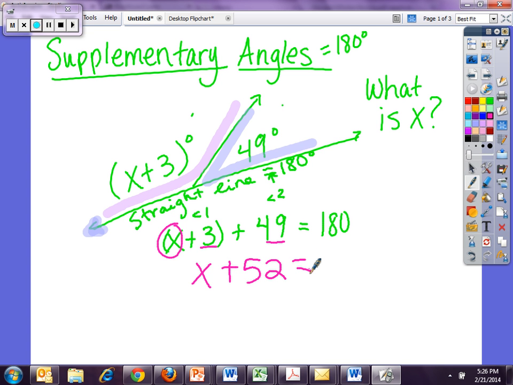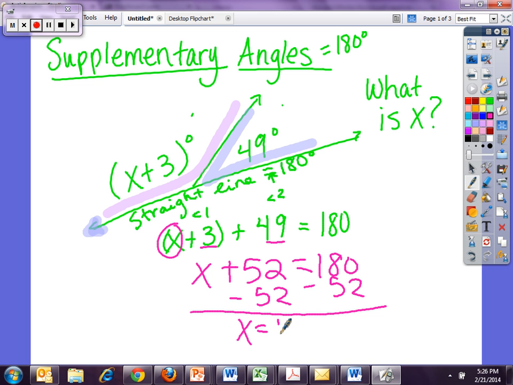So, and that equals 180 degrees. Now I have a simple one-step equation. So in order to solve this one-step equation, I subtract 52 from both sides. Okay, and I get x equals 128 degrees.